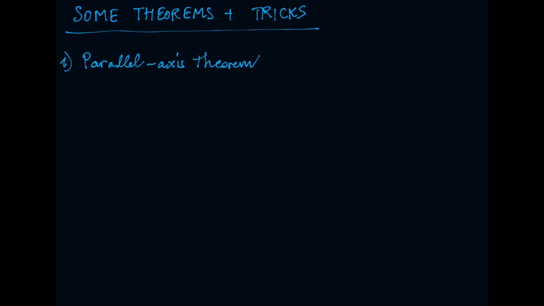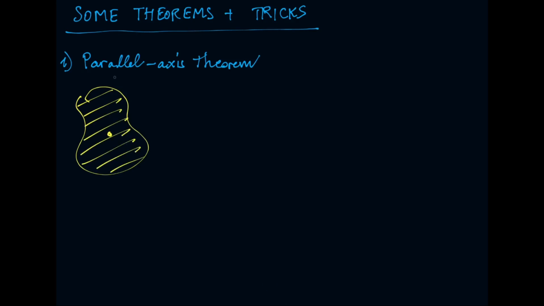This theorem says the following: if you take my potato, and let's say that I know what the moment of inertia is around the center of mass of this potato, and I wonder if I instead have this potato rotate around this axis, can I relate the values of the rotational inertia in these two cases?